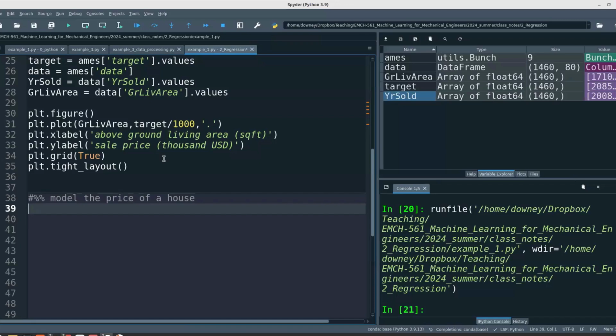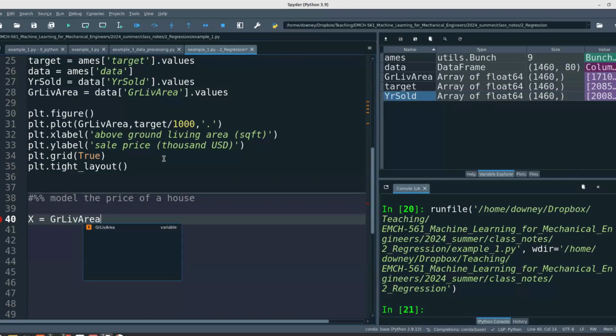So if you weren't a little frustrated already, typing things in like capital GR, capital LIV, capital area gets a little cumbersome, right? So let's just think about this in terms of our general machine learning models. We're just going to go capital X is equal to GRLIVAREA.